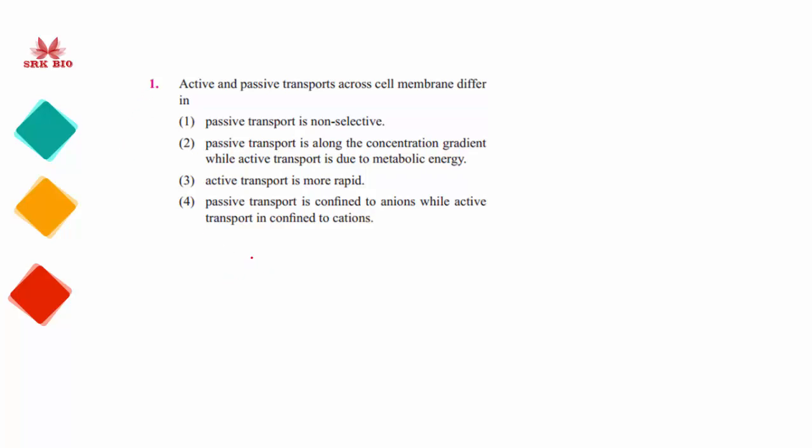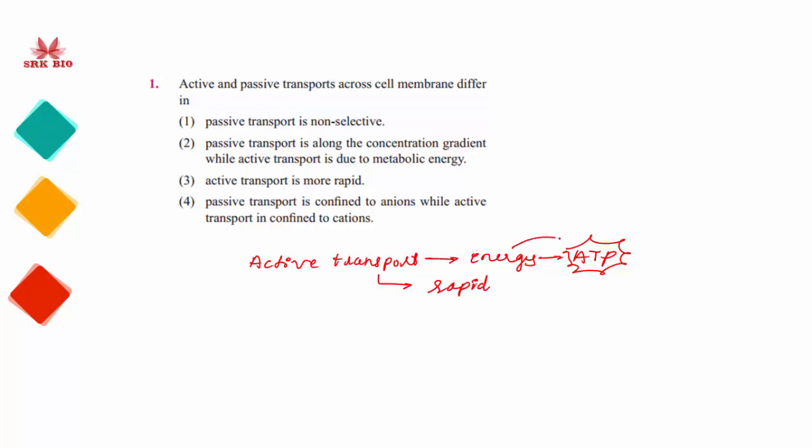So in active transport, energy is required. In active transport, the energy is consumed in the form of ATP, and active transport is a little bit rapid process as compared to passive transport.